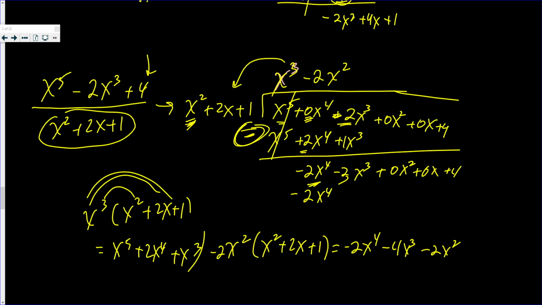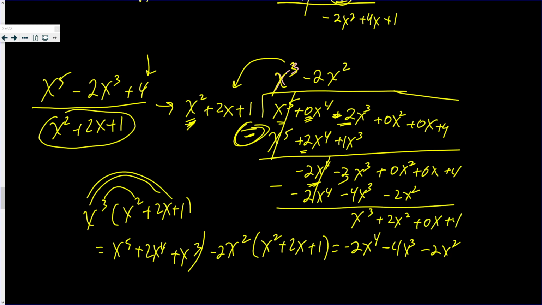And if you subtract, by design that cancels out, and you get x cubed plus 2x squared plus 0x plus 4. You have to know how to subtract.